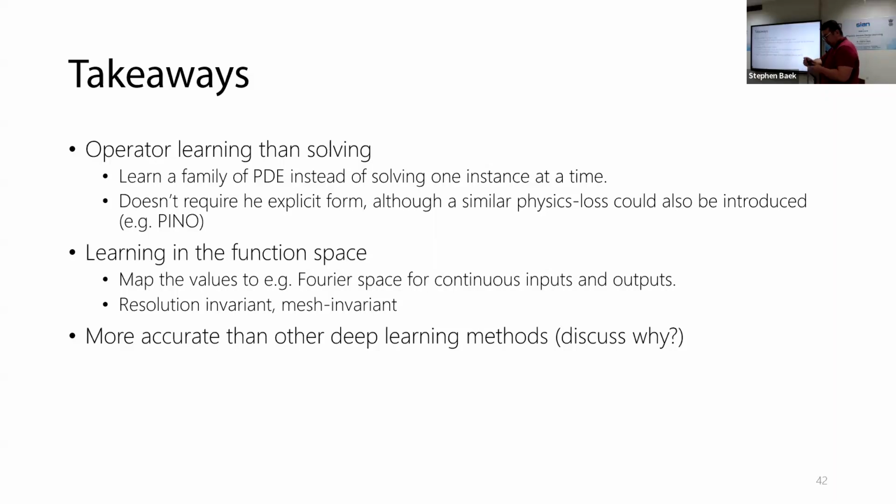And in that continuous function formulation, we introduce things like the Fourier transform. And with a Fourier transform with a small number of basis functions, you're automatically filtering high frequency noise, right? So naturally, Fourier layers, for example, are more robust to noise.